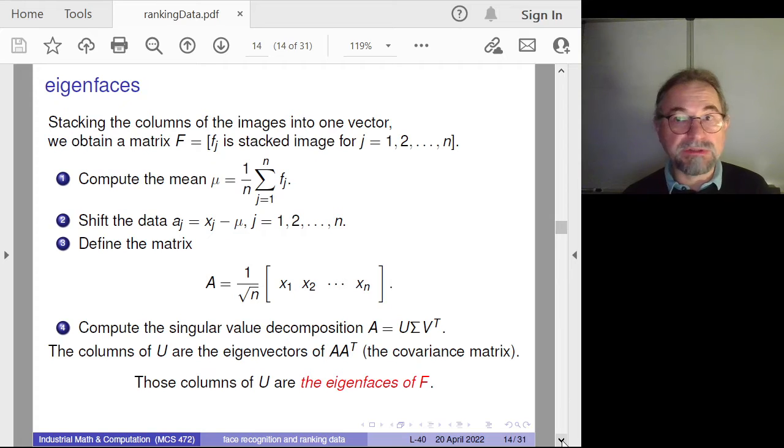Alright, we will use the very same idea to arrive at the concept of eigenfaces. So this slide is central to defining the linear algebra approach. We have images as matrices, but we will stack all the columns in the image in one long vector.